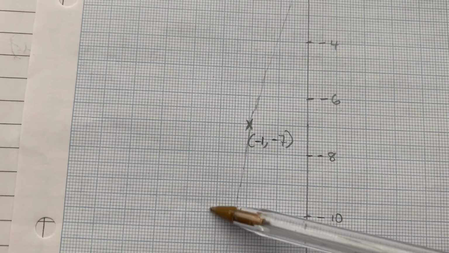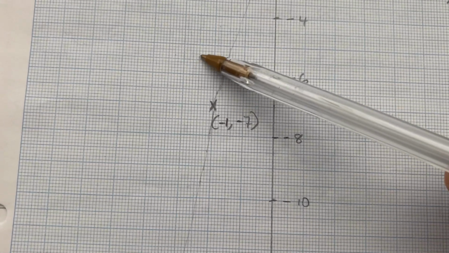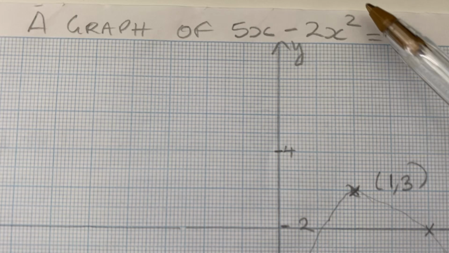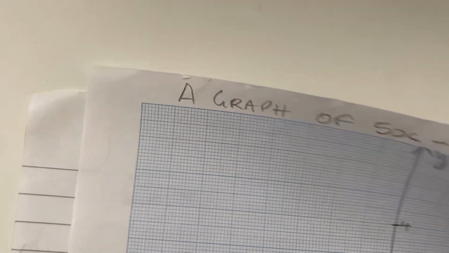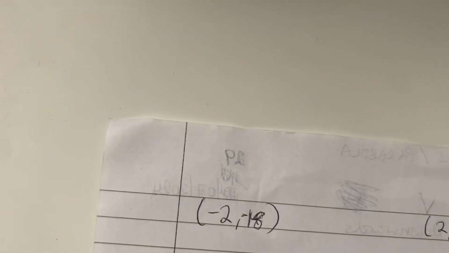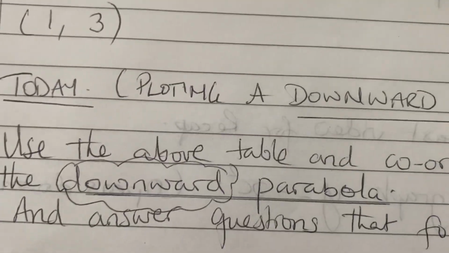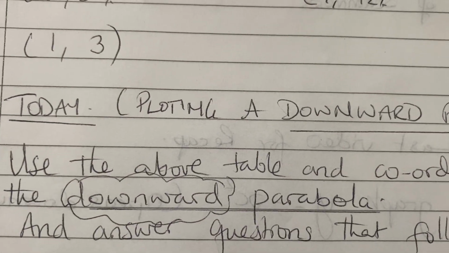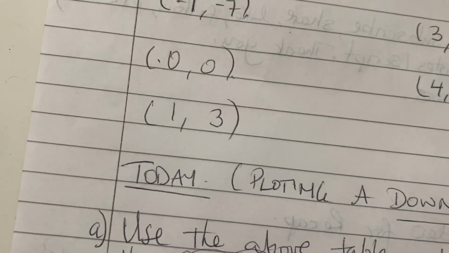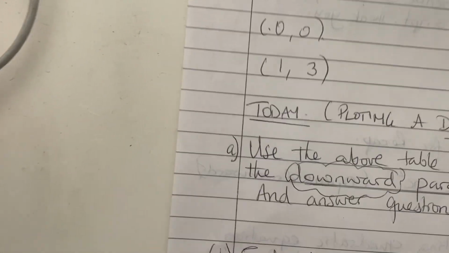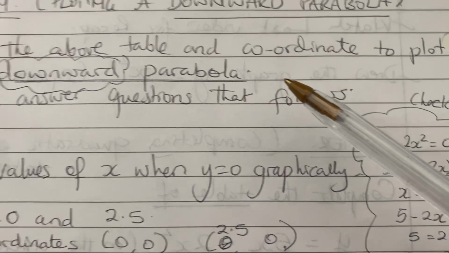You can label it y equals 5x minus 2x squared. Because of the -2 attached to the x squared, the graph has opened downward. Now use the above table and the coordinates to plot.